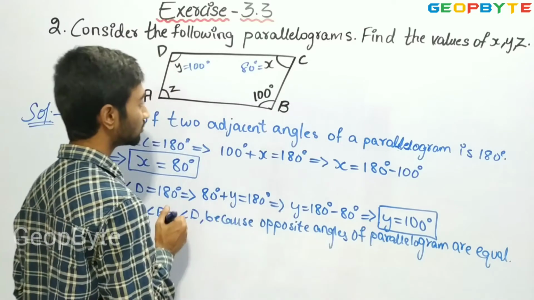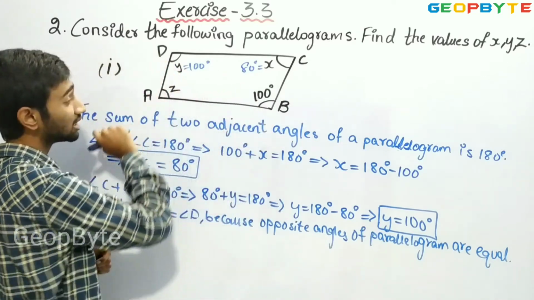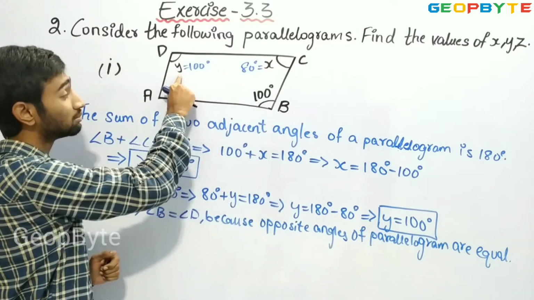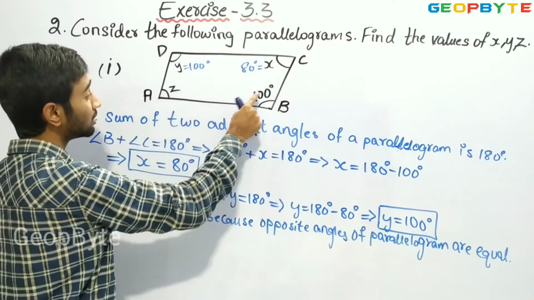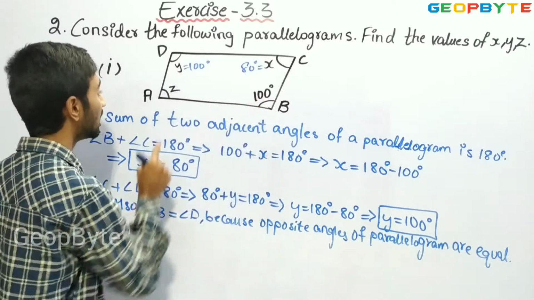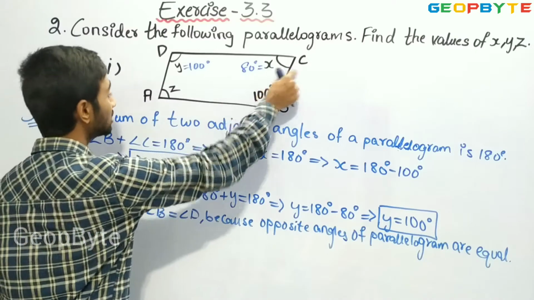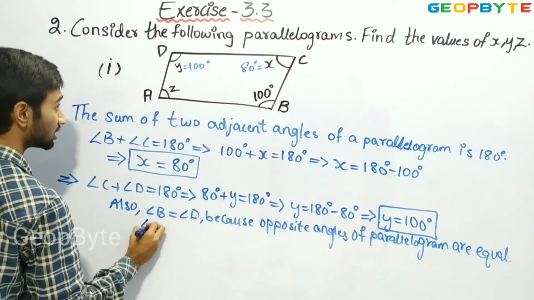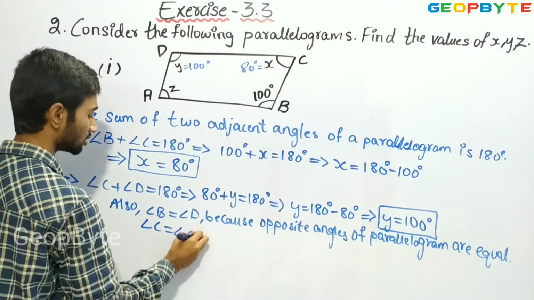So directly we can find angle B equal to angle D. So the y value will be equal to 100, because here we have 100, and here also angle C is equal to angle A.